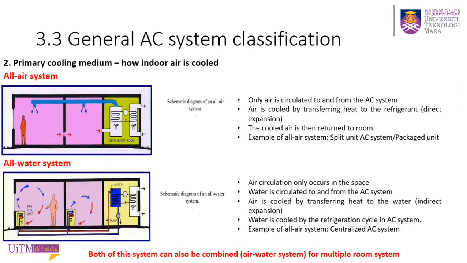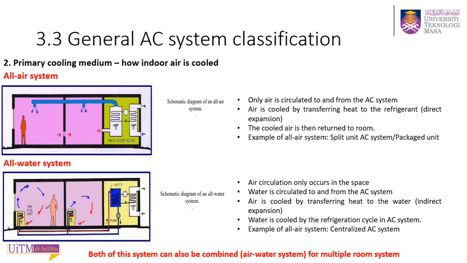The second classification is based on the primary cooling medium. For all-air systems, air is directly cooled via its interaction with the refrigerant in the air conditioning system. Examples for an all-air system are the window and split unit air conditioning systems. For all-water systems, air is cooled via a cooling medium, usually water, which circulates to and from the air conditioning system.